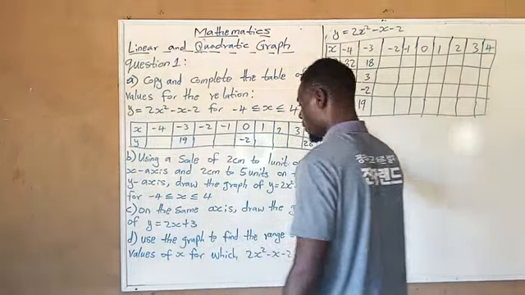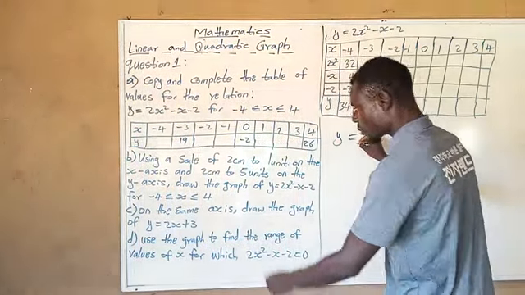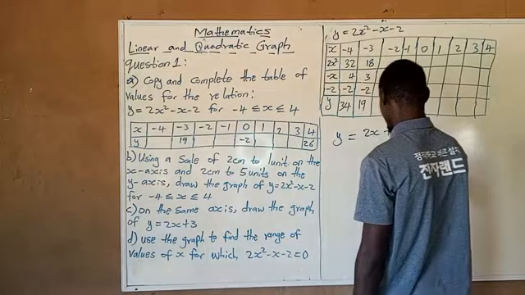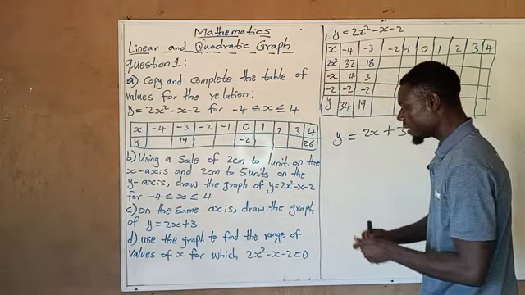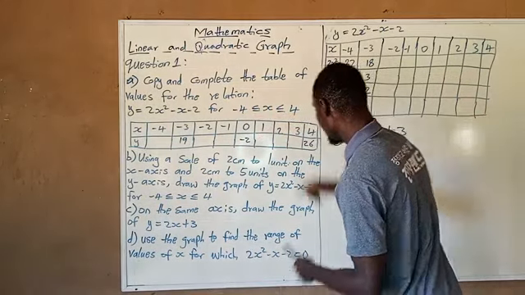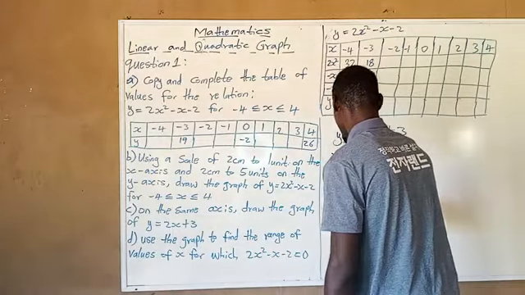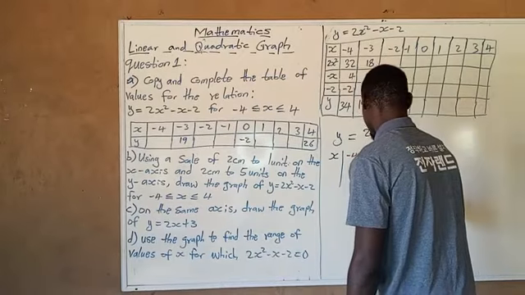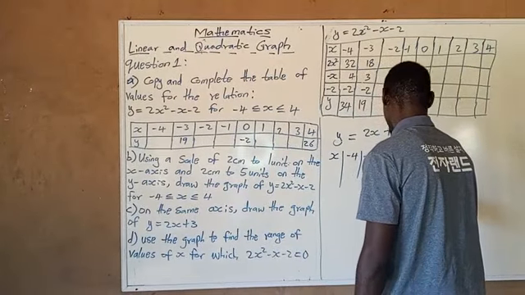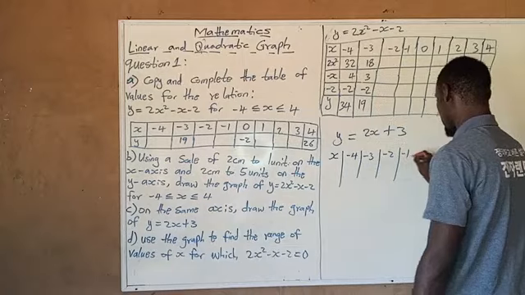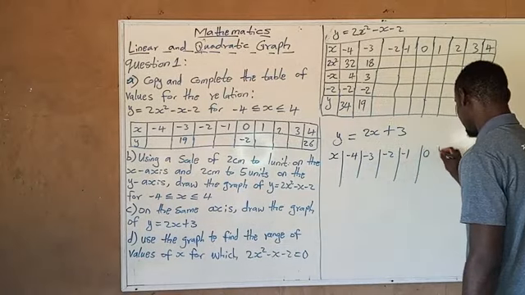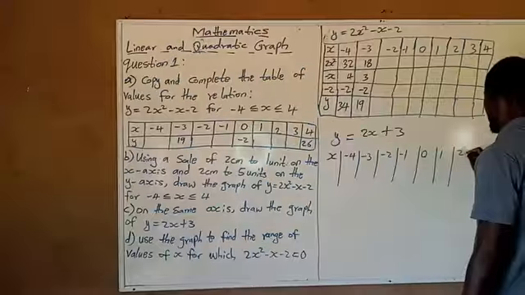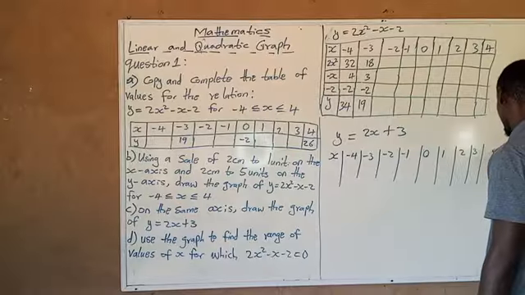The second one is y equals 2x plus 3. Now, they say we should use the same interval. That is x: minus 4, minus 3, minus 2, minus 1, 0, 1, 2, 3, 4.